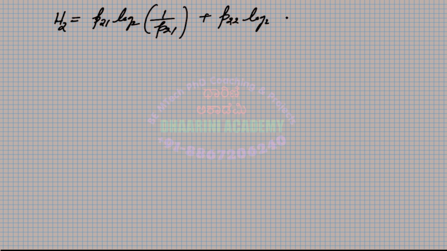Okay, then let's do the similar job with respect to the second state, that is H2. So directly we'll write P21 log to the base 2 1 by P21 plus P22 log to the base 2 1 over P22, right?